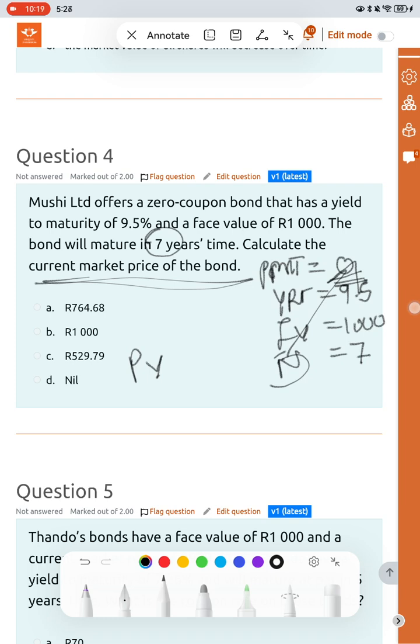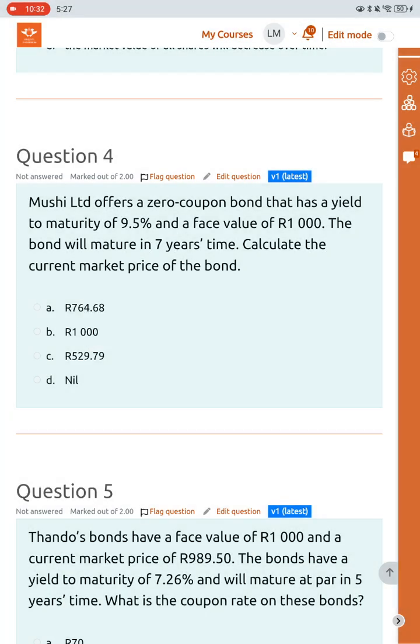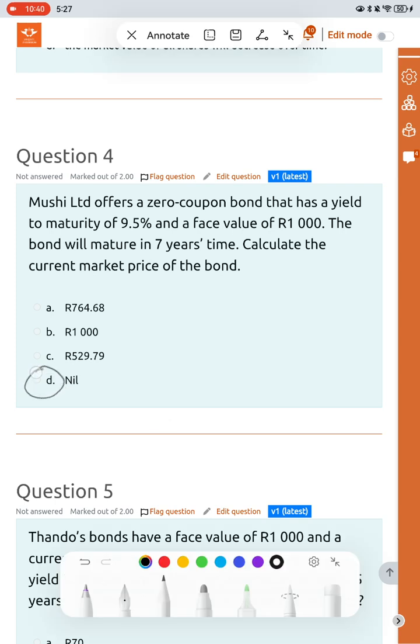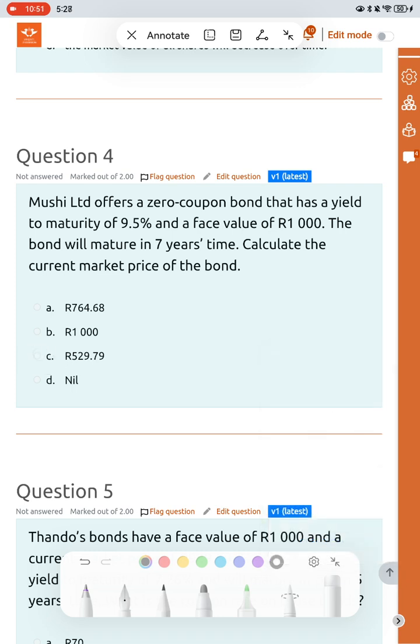Then you use the present value formula or your financial calculator, and just remember that your PMT is going to be nought. The answer that you are going to get when you do your calculation is C. You're going to get C once you punch in all those values inside your calculator.